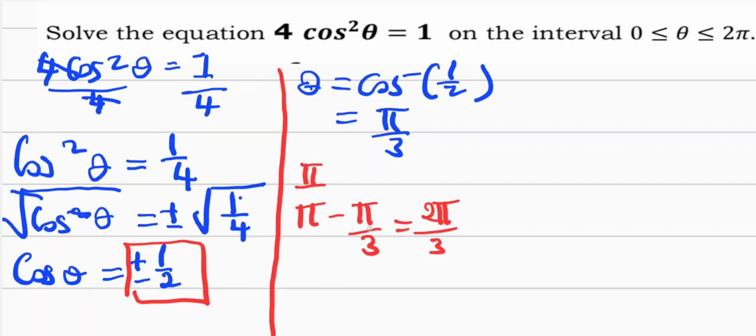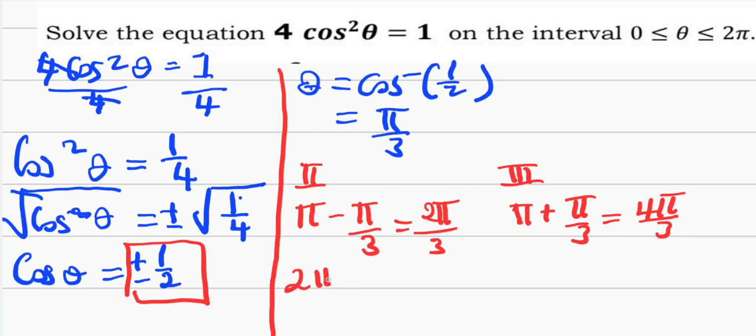In the third quadrant, we say pi plus pi over 3, which is equal to 4 pi over 3. Now, in the fourth quadrant is going to be 2 pi minus pi over 3, which is equal to 5 pi over 3.